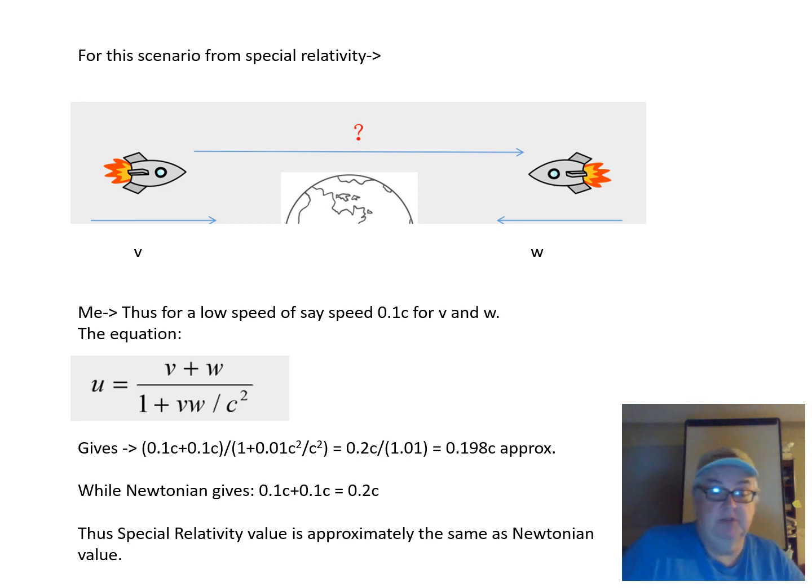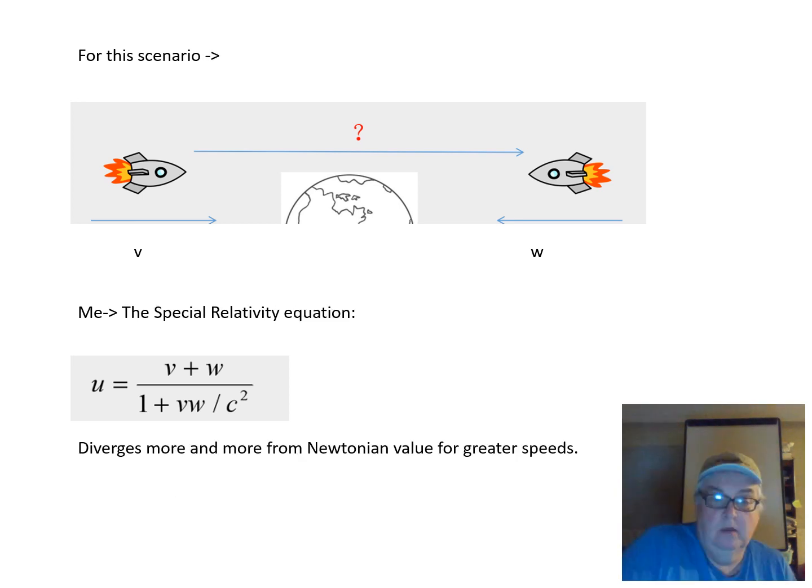Thus the special relativity value is approximately the same as the Newtonian value, and that's for low speeds. So for the low speed of v equals w equals 0.1c, the way special relativity adds speeds gives approximately the same value as what the Newtonian way of adding speeds would give.